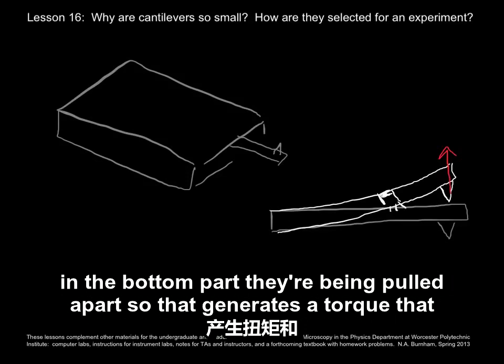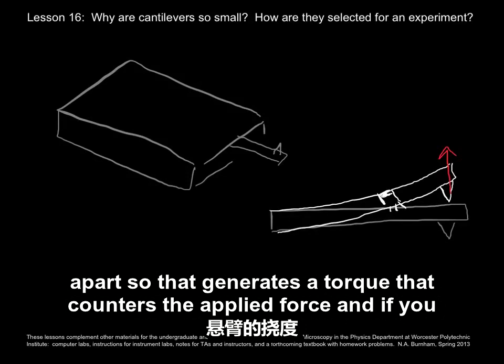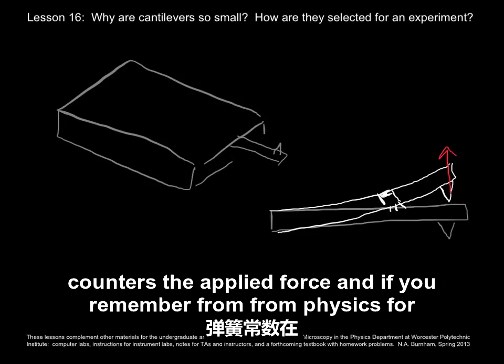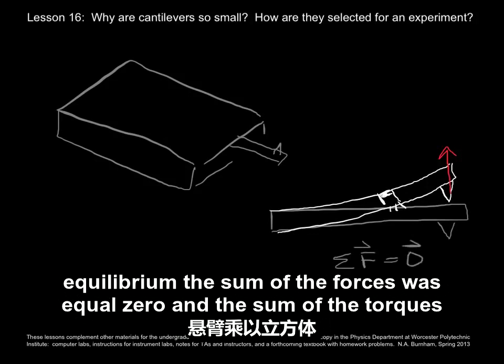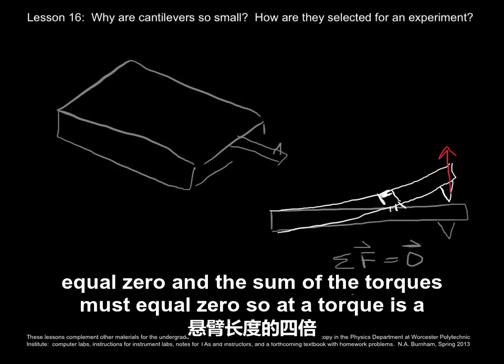So that generates a torque that counters the applied force. If you remember from physics, for equilibrium the sum of the forces must equal 0, and the sum of the torques must equal 0.